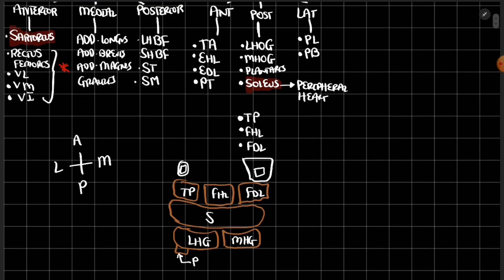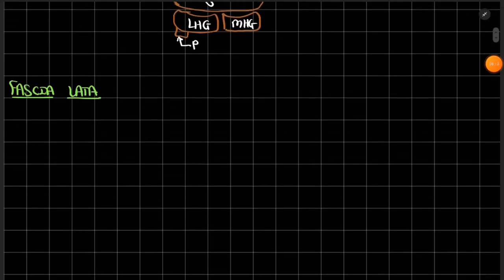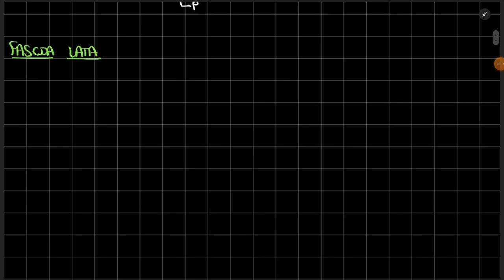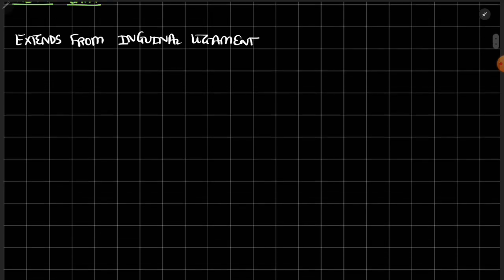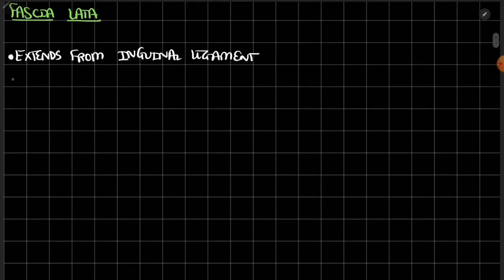Okay. Now starting with the fascia lata. Why are we describing this fascia lata? Because the attachments are important here. The fascia lata extends from the inguinal ligament, and a small point to note, it extends from the inguinal ligament.